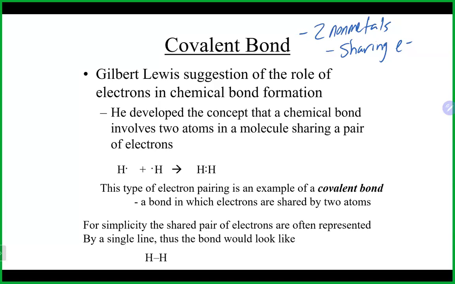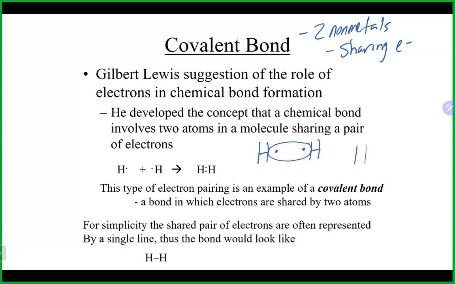So when we take two hydrogens like we see here, they each have one electron. Because they're both hydrogen, they pretty much have identical periodic trends because they're the same element, which means they both are not going to want to give away their electrons. So what's going to happen is, in this case, these two electrons are going to be shared between the two instead of being transferred.